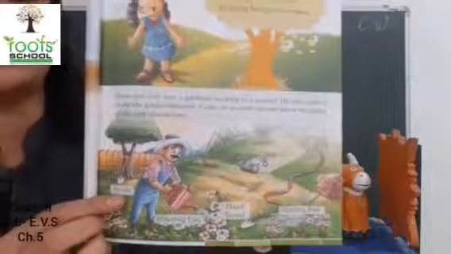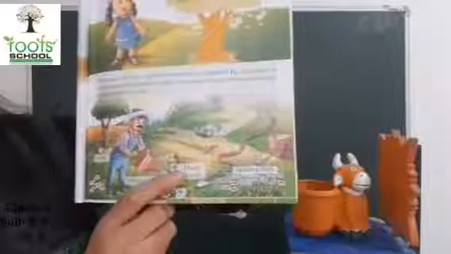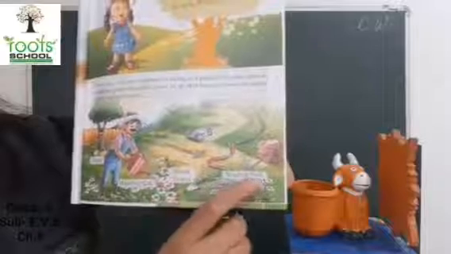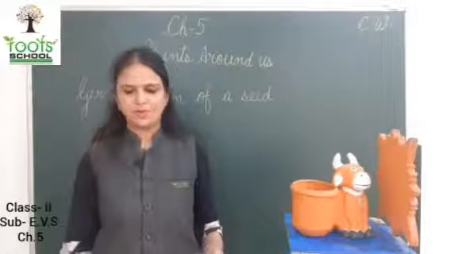This is called spade. What is this? Spade. This one is watering can. What is it? Watering can. This one is hand trowel. And this is spading fork. Now turn the page.